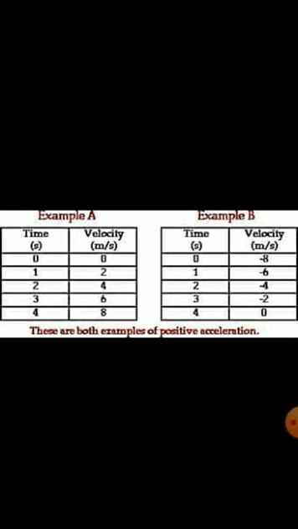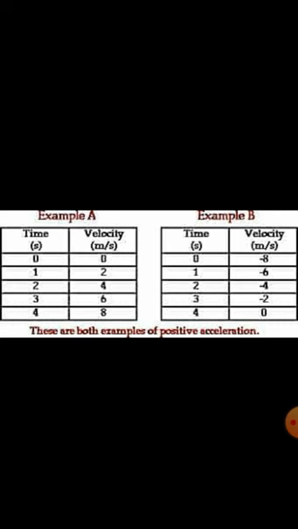So, the acceleration will be positive. Even in the example B, you can find the velocity increasing with time. The change in the velocity v minus u will always be positive. Hence, the acceleration is positive.